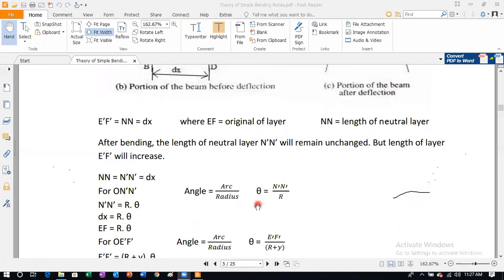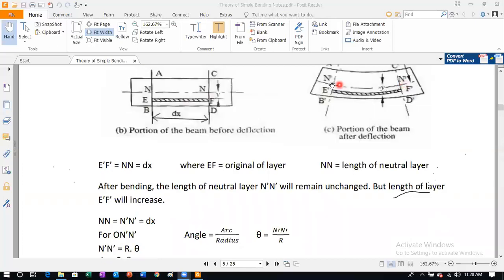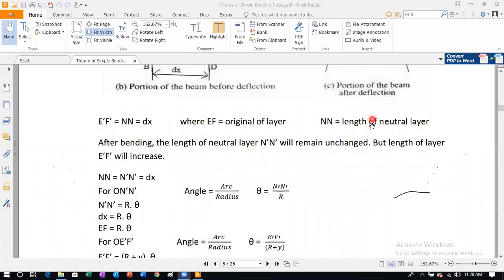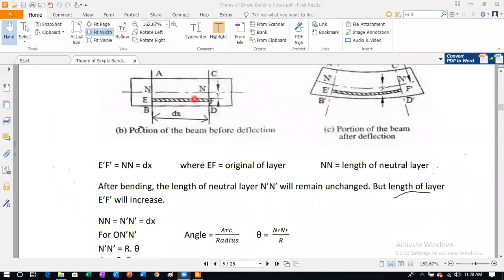The fibers above the neutral axis will decrease in length, and the fibers below the neutral axis will get expanded, so their length will increase. That's why the length of layer E dash F dash will increase. NN is equal to N dash, which has length dx.